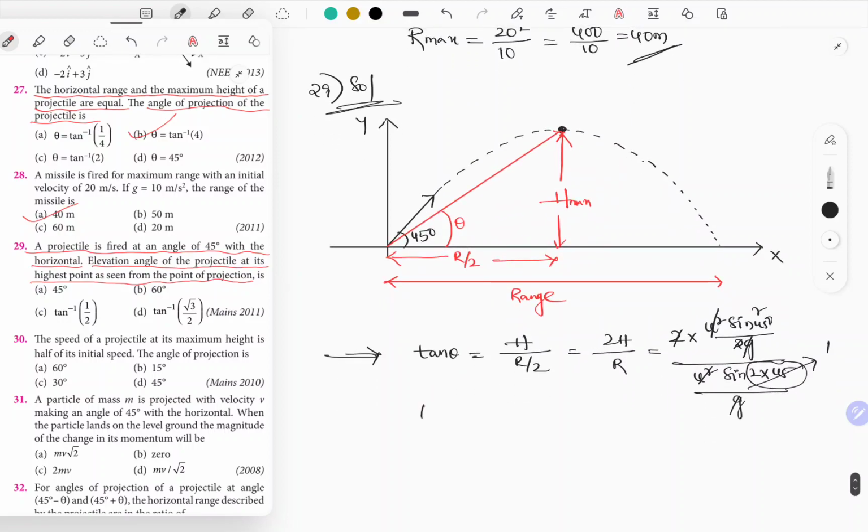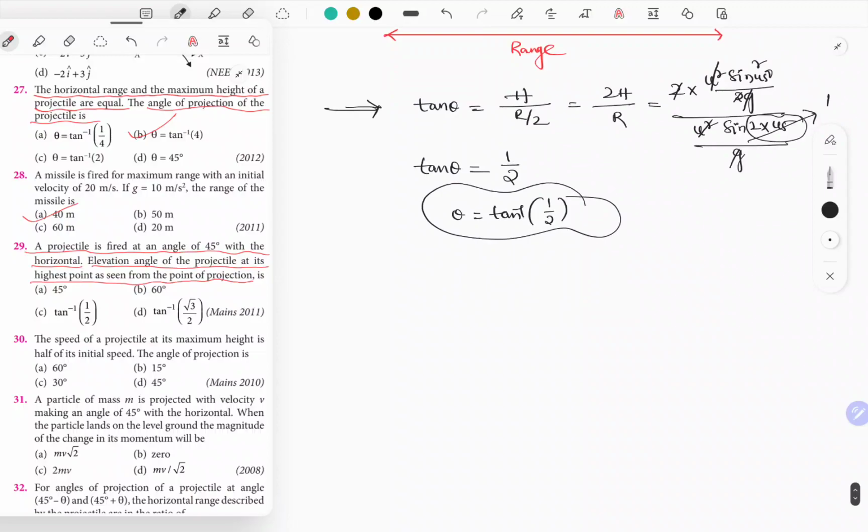Sine square 45. So tan theta is equal to, for sine 45 is 1 by root 2, then 1 by root 2 square is going to be 1 by 2. This is what I am going to get. Then theta is equal to tan inverse of 1 by 2. This is the answer. This is the angle, called the angle seen from the point of projection.